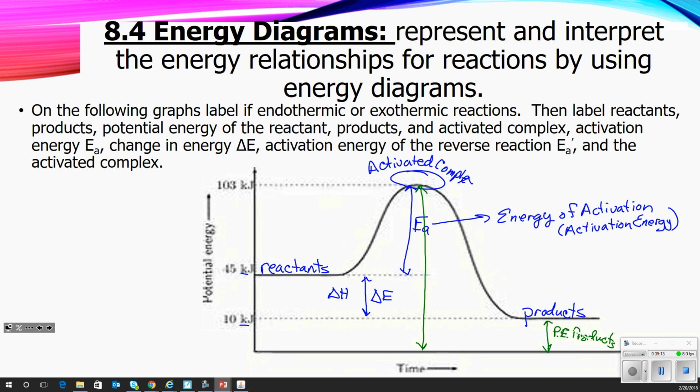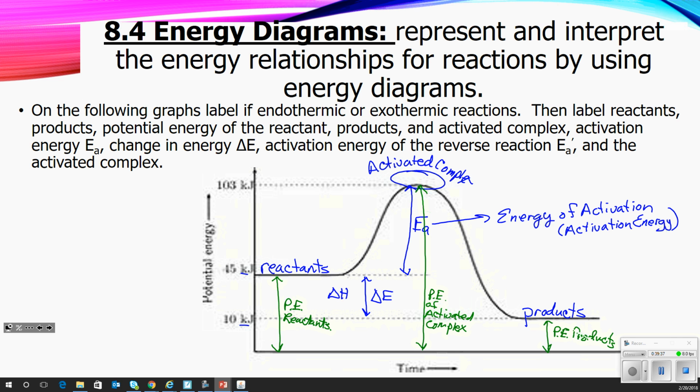Potential energy of the activated complex. Good. And then, of course, between the reactant and the bottom would be the potential energy of the reactants, right? So we have now been able to label everything.